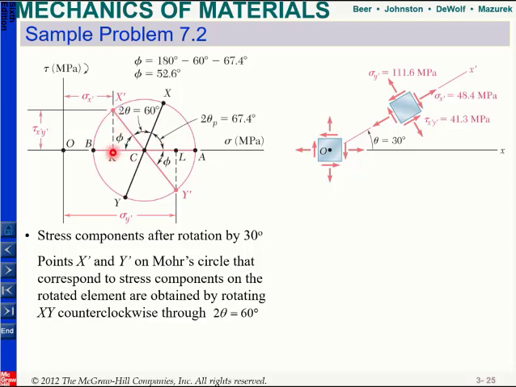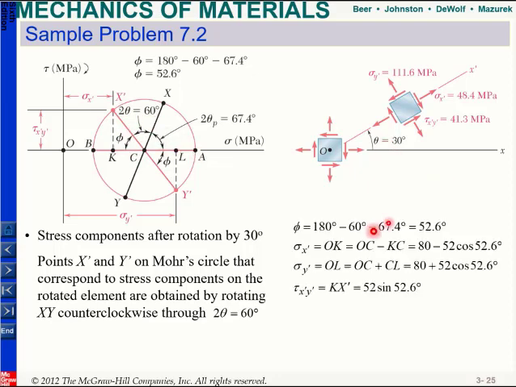So I need to know K, and I need to know this new shear stress, the distance from X prime to K. Okay. And it seems like it's good if I find this angle phi, and basically this phi is equal to my 2 theta P plus 2 theta, and I need to subtract them from 180.